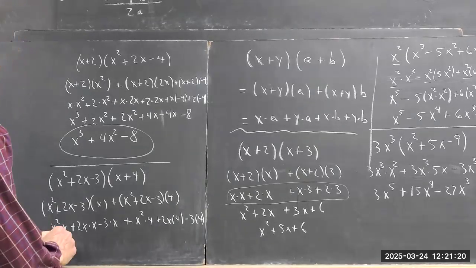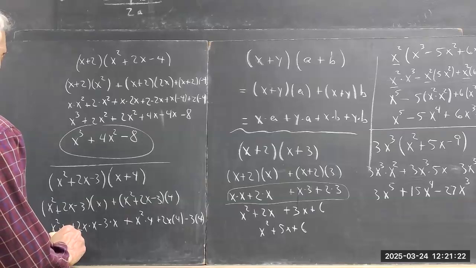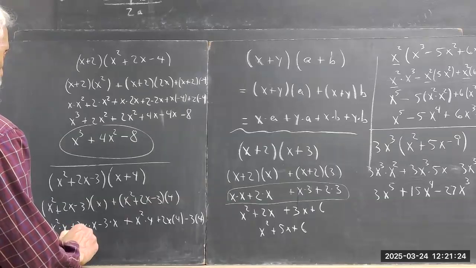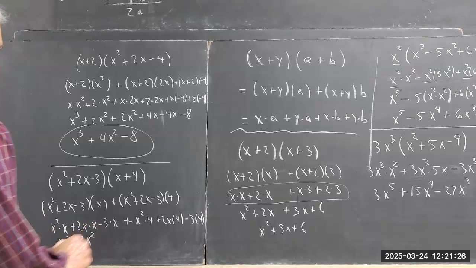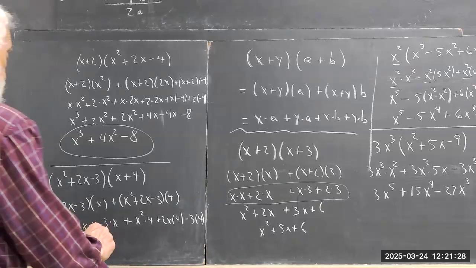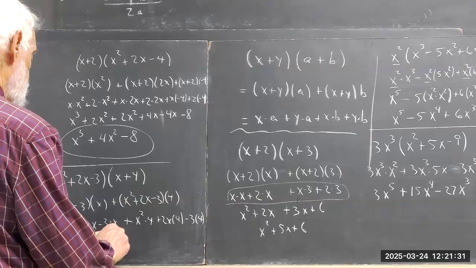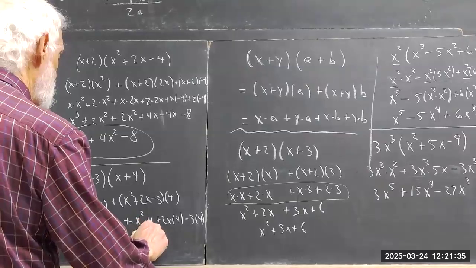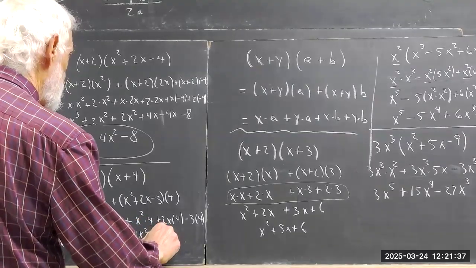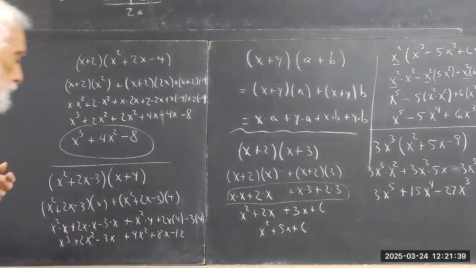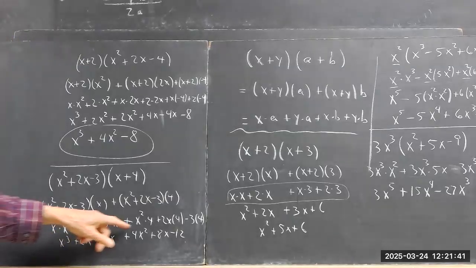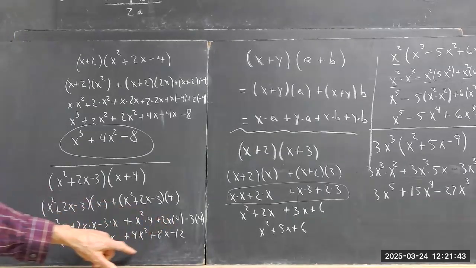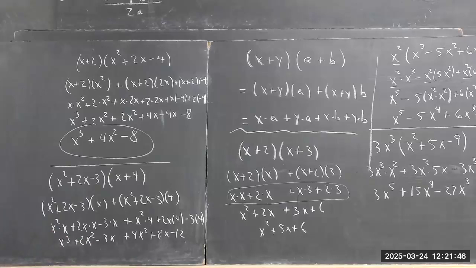So now what do we have? We have x cubed. We have 2x squared. We have minus 3x. And we have 4x squared. That's 8x. And minus 12. Once we've written this out carefully, then it's real easy to do the multiplications.